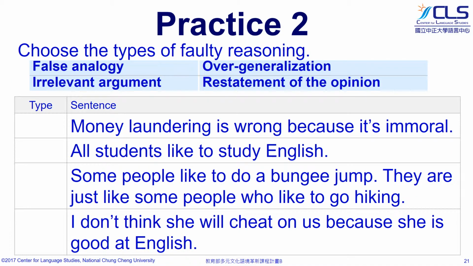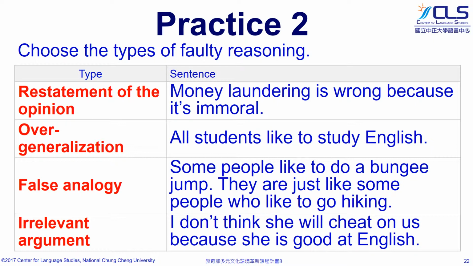Next, please choose the types of faulty reasoning. Here are the answers. The first one is the restatement of the opinion, because wrong and immoral mean the same thing. The second one is overgeneralization, because of the word all.